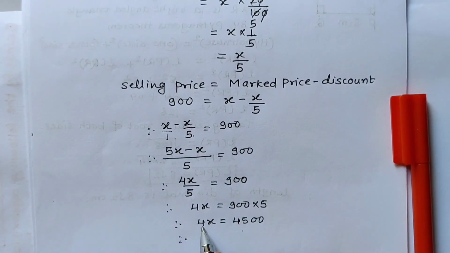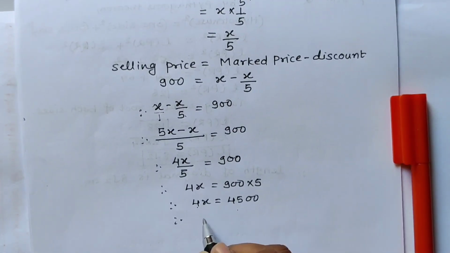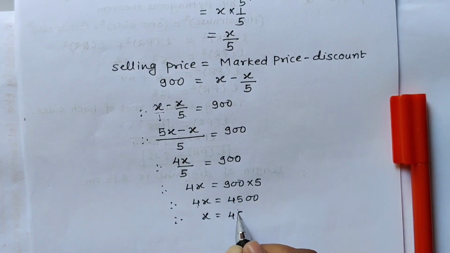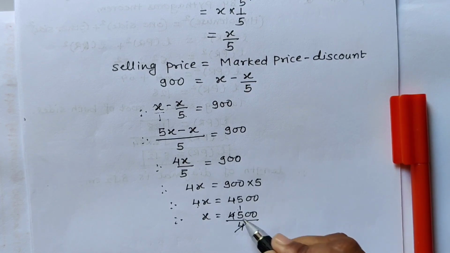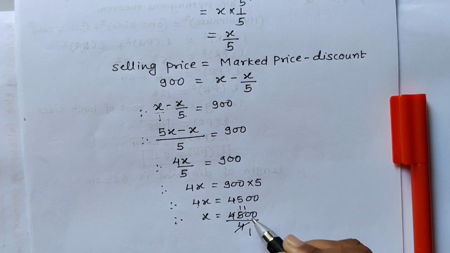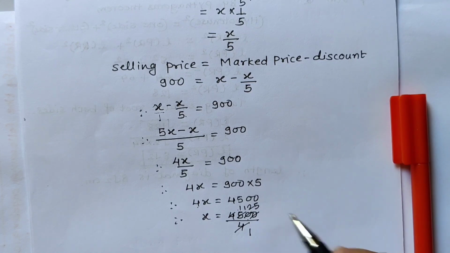Now I am going to transfer this 4 on right hand side. So X is equal to 4500 upon 4. Upon 4 means divide by 4. So 4 ones are 4, 4 ones are 4, 4 ones are 4. 5 minus 4, 1 remaining, bring down 0 means 10. 4 2s are 8. 10 minus 8, 2 remaining, 20. 4 5s are 20.